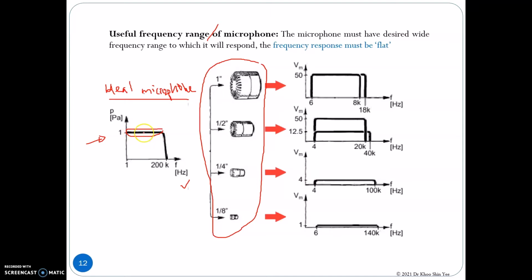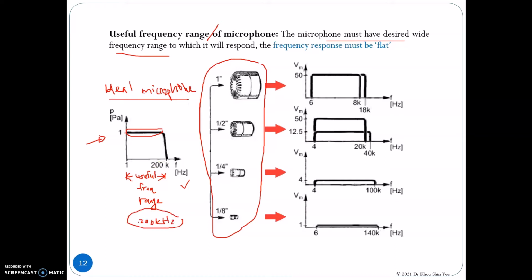The sound measurement is valid within this range, which is around 1 to 200 kHz here. Then we can identify the useful frequency range for the microphone here. Ideally, it is desired to have a microphone that has a wide and flat frequency response like this case, where you can see the useful frequency range is around 200 kHz.